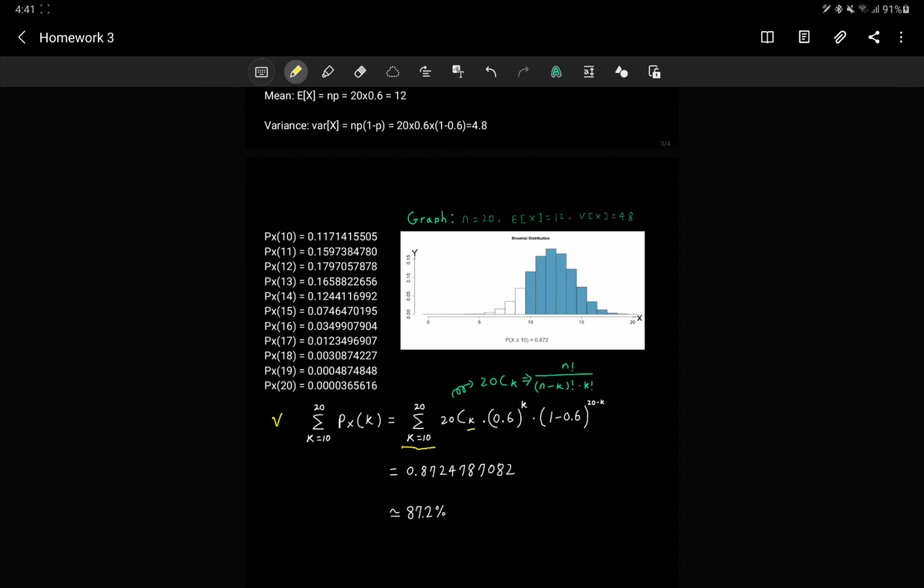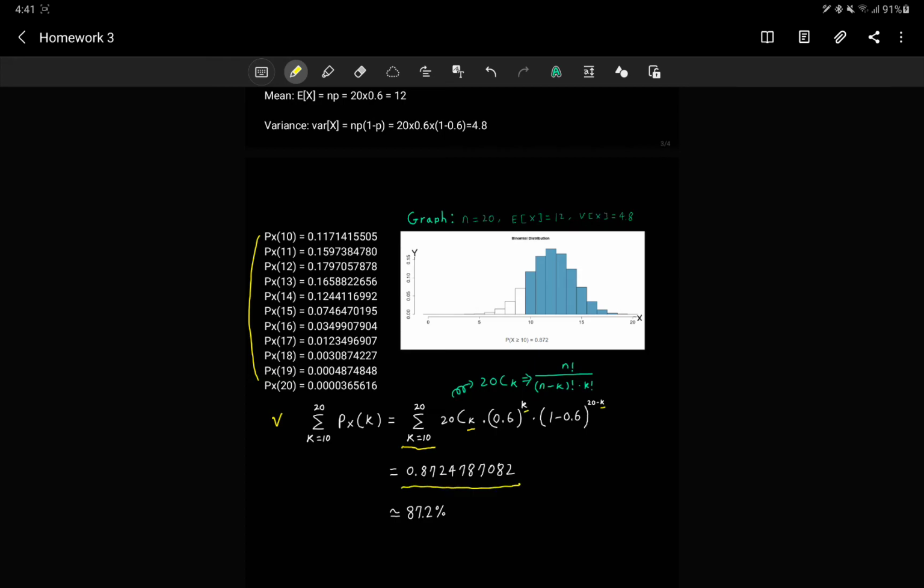It can then add up the probabilities, starting with the probability that 10 communication lines are being used, up to the probability that all 20 communication lines are used. If you add all the probabilities, you can get a value of this.